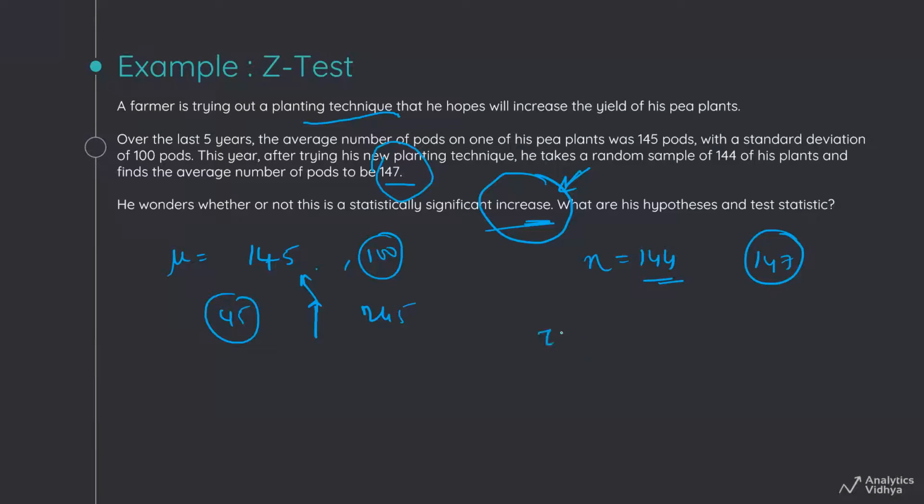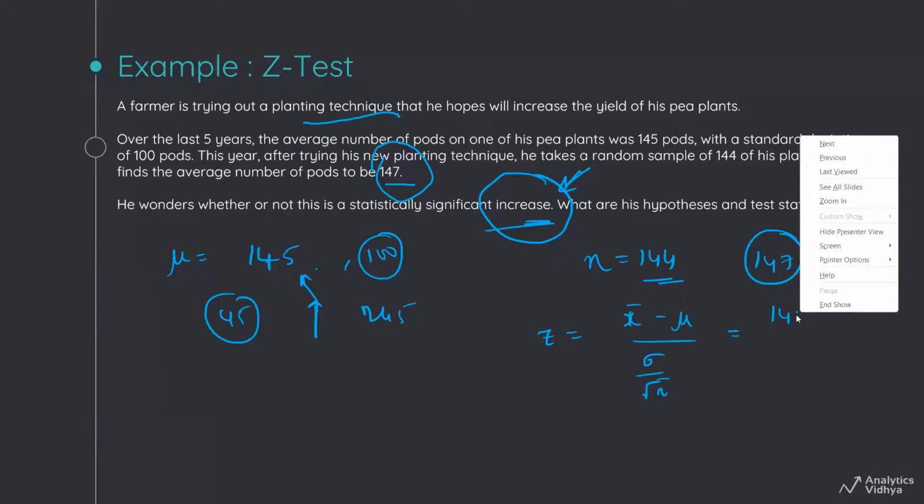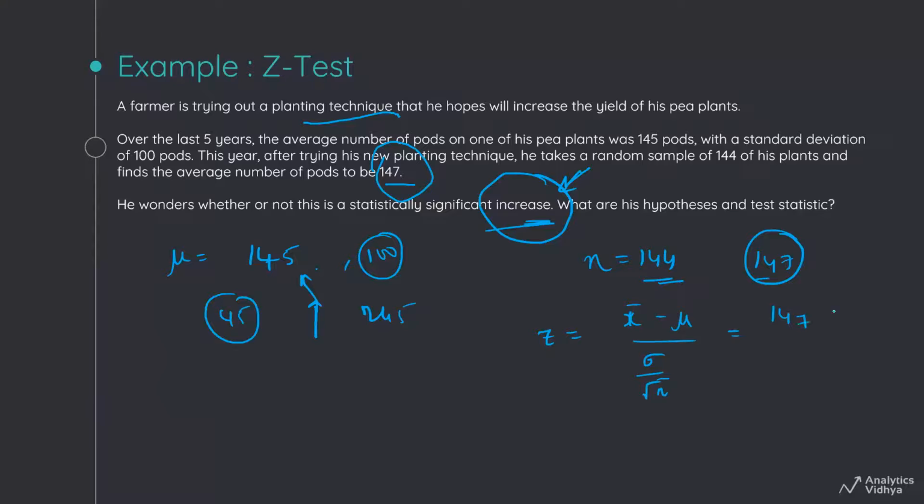Coming to the z value, x bar minus mu by sigma by root n, right? So this turns out to be 147, which is the sample mean, minus 145, by 100 by root 144.